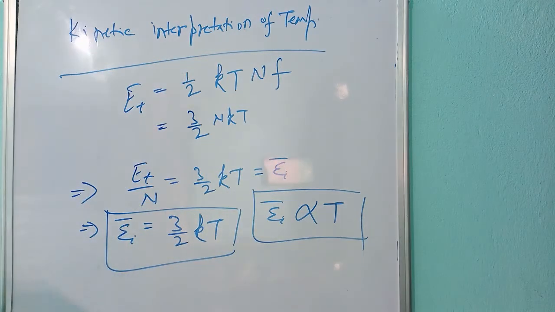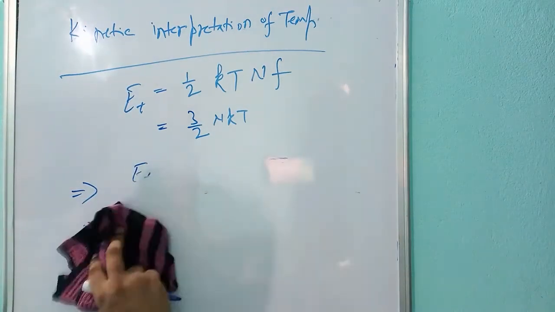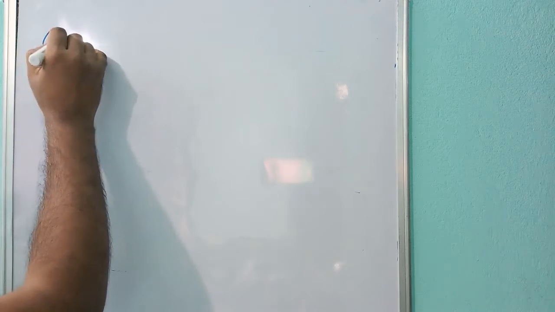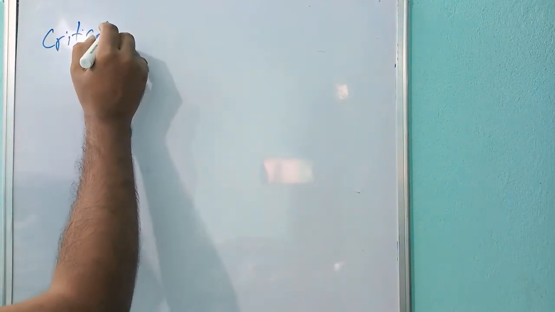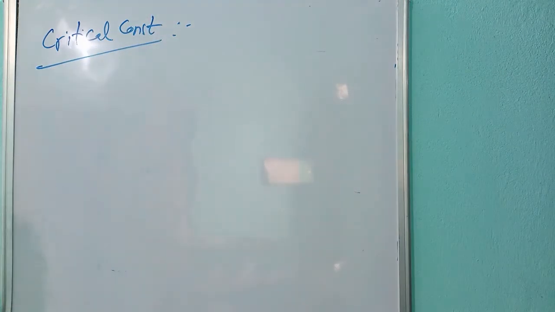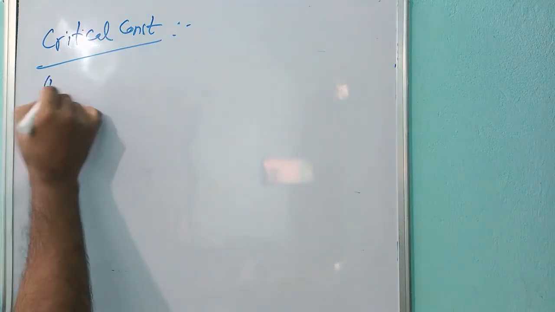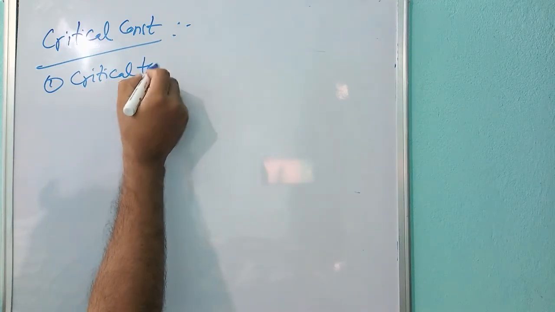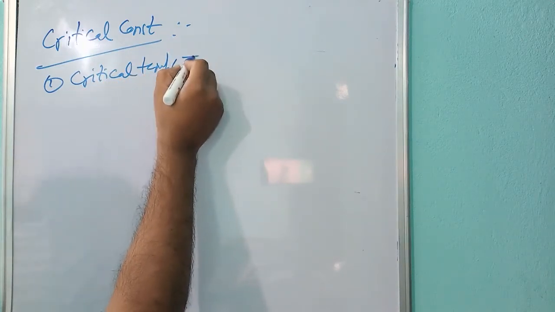Okay. Now I am also going to add another part. Now I am going to describe the critical constants. What is a critical constant? In this, the first term will be the critical temperature, denoted by Tc.